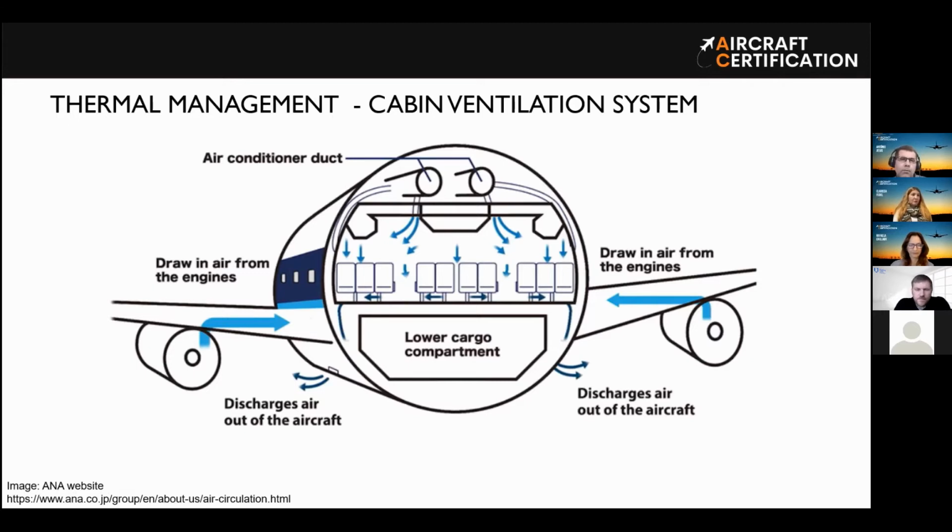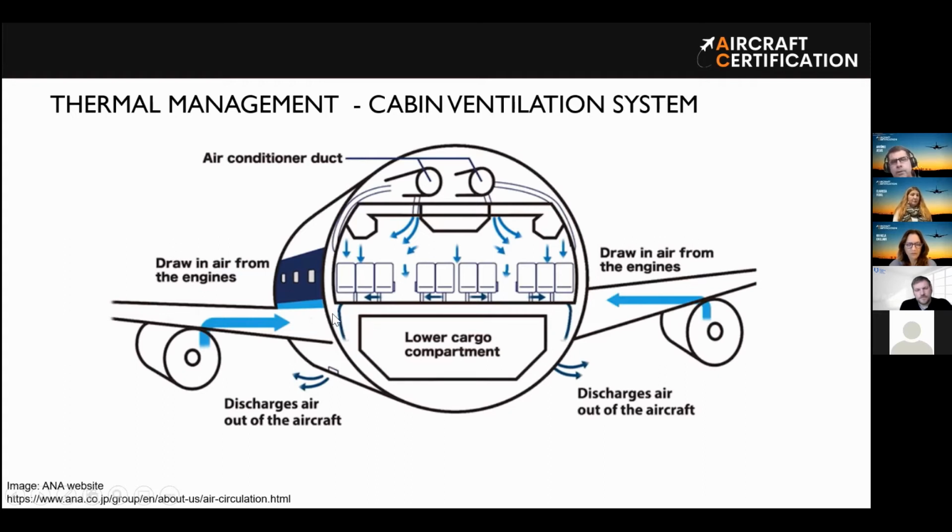For example, in the cabin, there is a cabin ventilation system. This is a system that maybe you are familiar with, but I'll just give a quick explanation. Normally we take air from the engine compressors, and this air will pass through an air conditioning machine that is not shown here in this scheme.